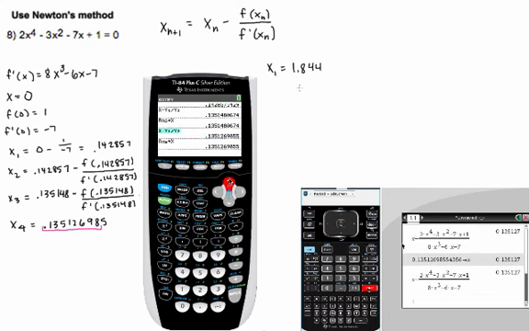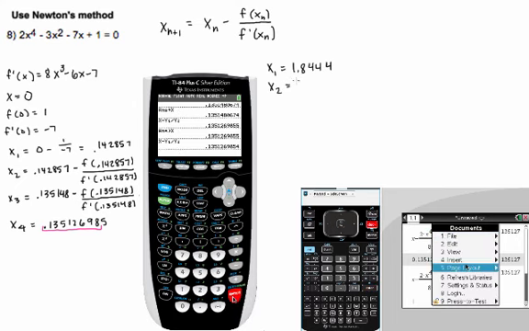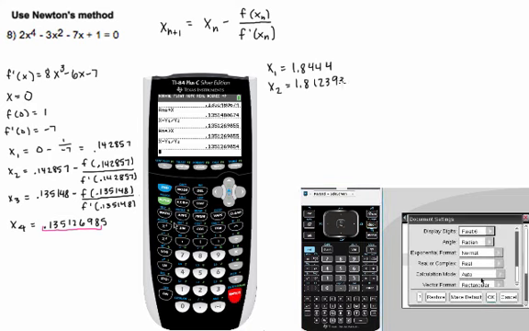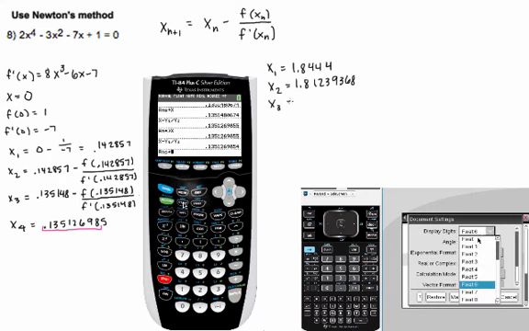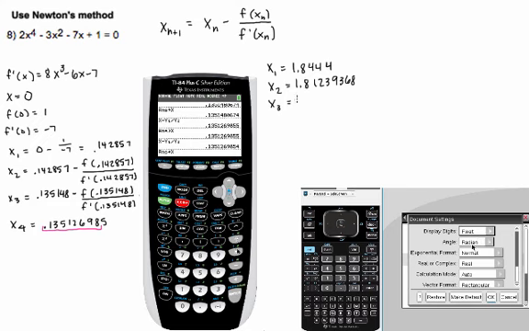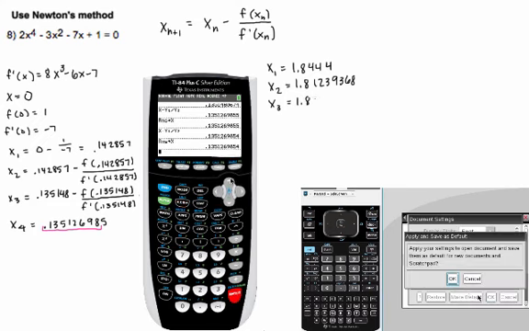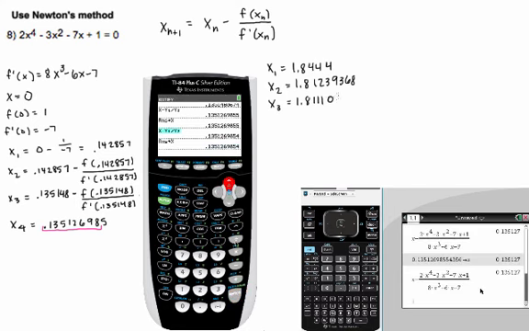But for x1, I got 1.8444. For x2, I got 1.81239368. For x3, I got 1.8111 03994.